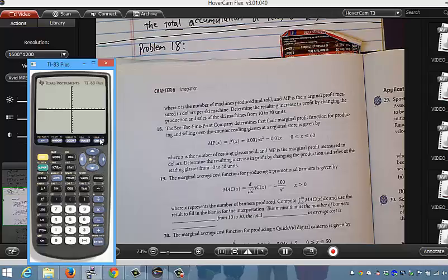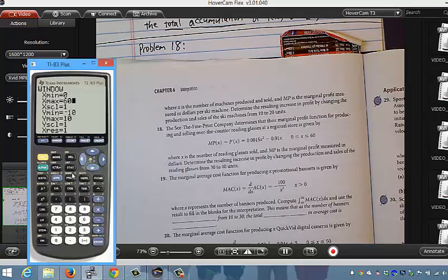Okay. If I press graph now, I don't see anything. I bet I have to go ahead and get myself a good window. Well, one thing is x min and x max, that's given to me. So I'll go from 0 to 60, and I'll scale it by 10.